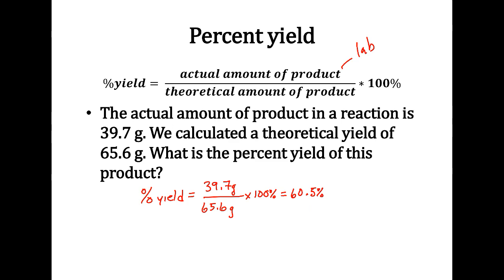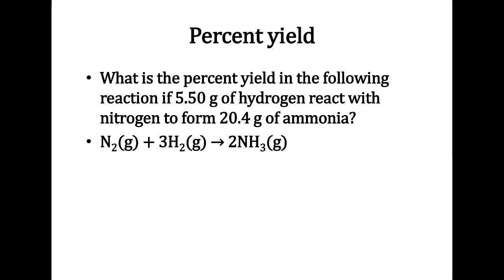Okay, so this is the simplest example that we could have, whenever we're given the actual and theoretical amount. So let's go ahead and try a problem now where the theoretical amount is not given to us. In this particular problem, we want to know what is the percent yield in the following reaction if we have 5.50 grams of hydrogen and this reacts with nitrogen to form 20.4 grams of ammonia.